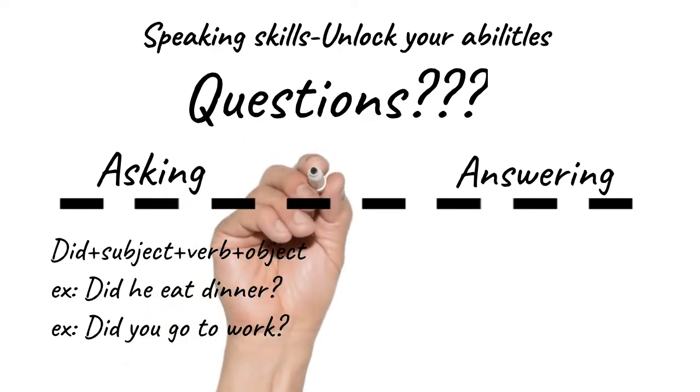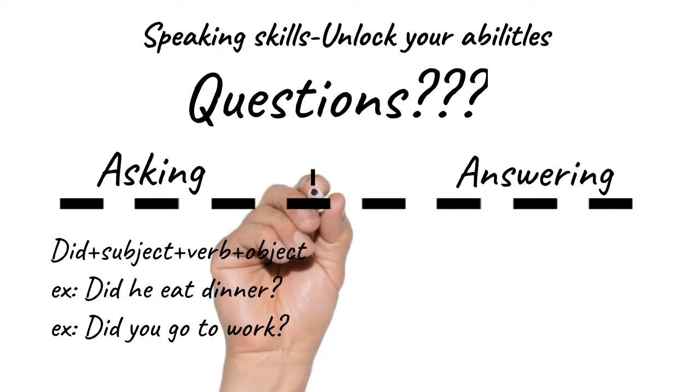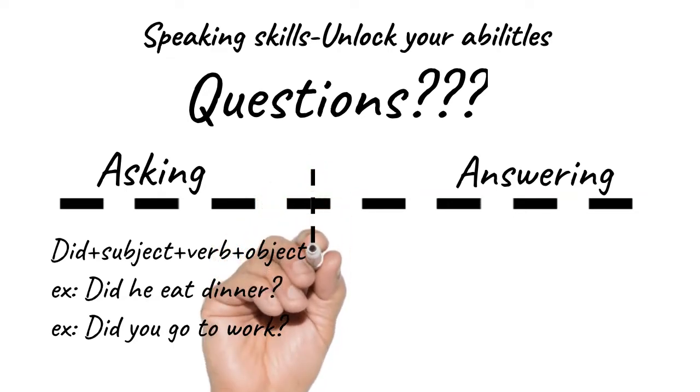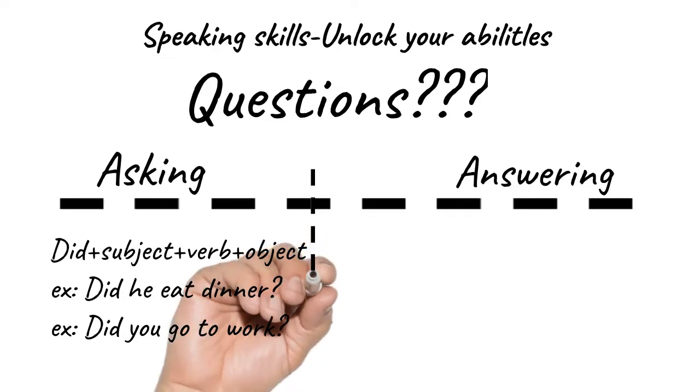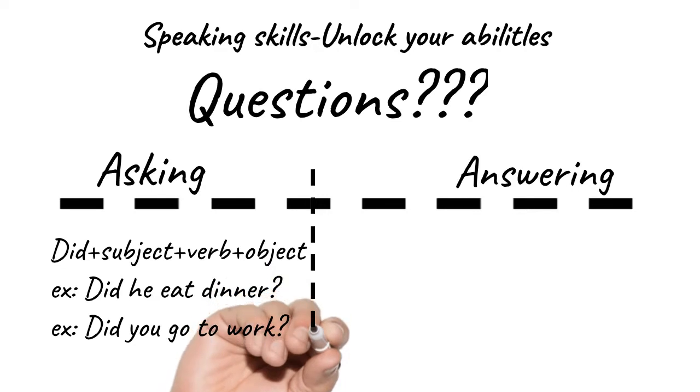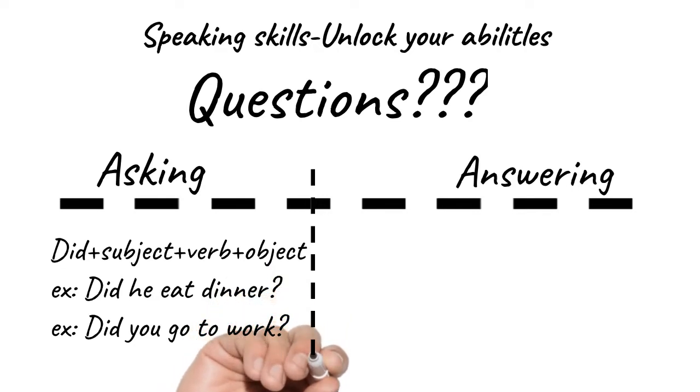These are great questions that you're going to need in everyday speaking. So, having the skill to recognize the past simple, recognize how to ask in the past, you can now seek information from other natives by using this form: did, subject, verb, object.